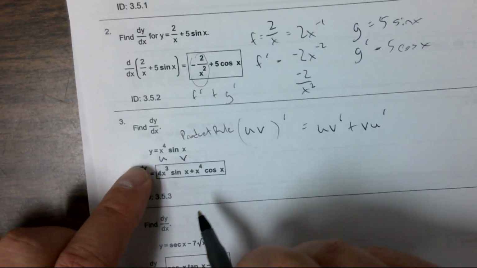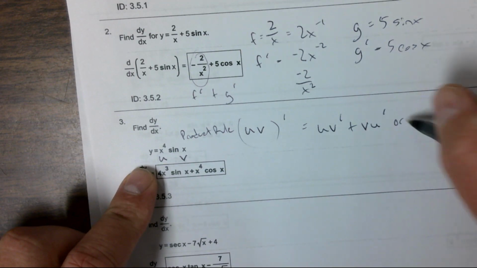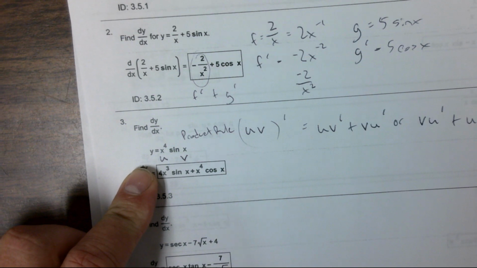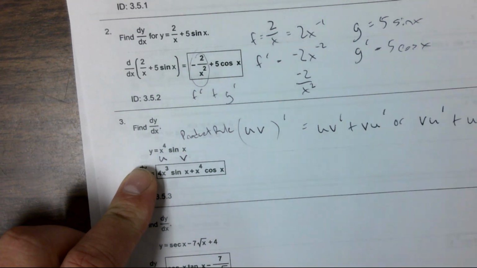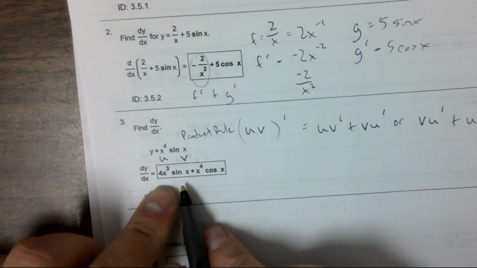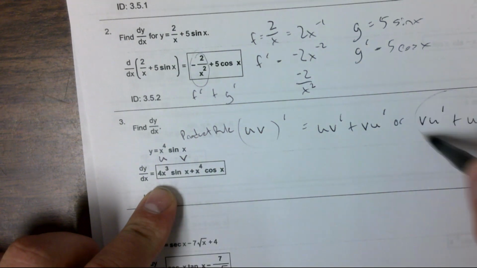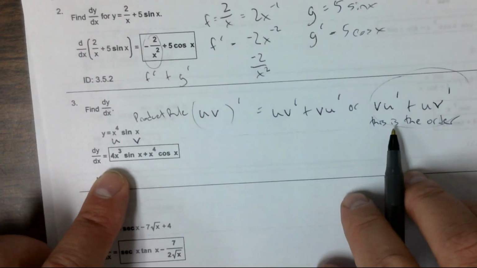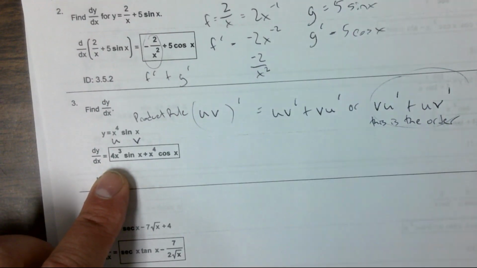Or you can have it as v times u prime plus u times v prime. It looks like in theirs, that's the order they want. Now, it doesn't really matter because it's plus.